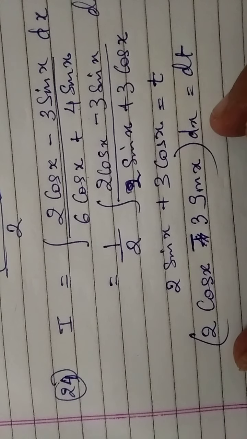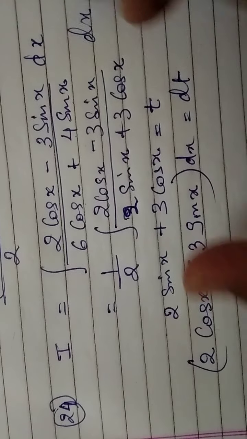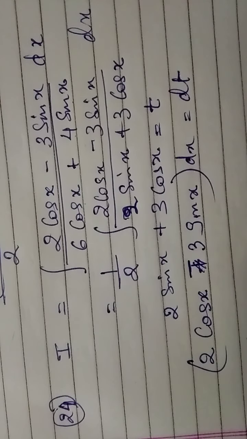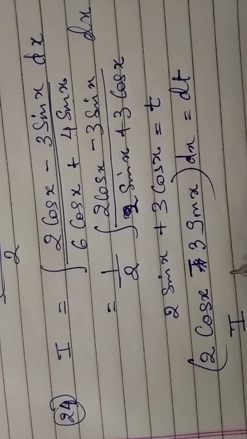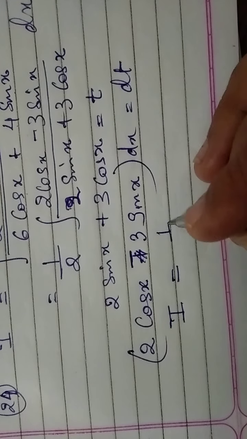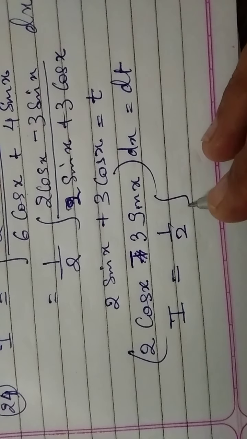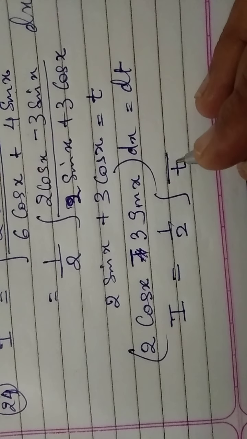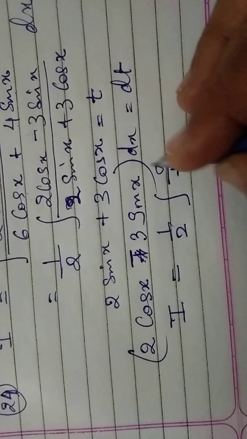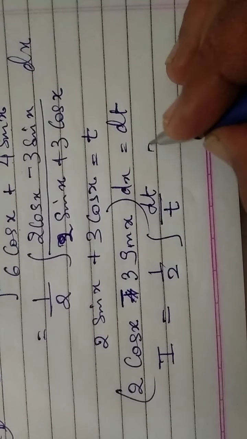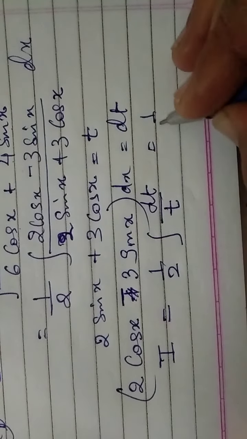This is exactly the same thing which you have in your numerator. So my question becomes, I is equal to 1 upon 2 outside, integral, the denominator I have taken as t and numerator into dx becomes dt. So therefore I have over here 1/2 was a constant, integral 1 upon t.